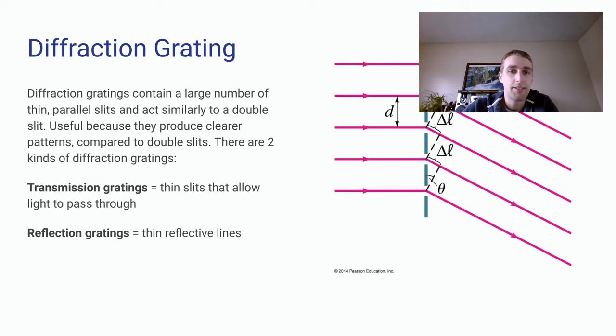So how do these things work? You basically have tons and tons of slits lined up next to each other. And there are a couple ways you can do that. The ones we saw were transmission gratings. So those were slits that blocked some of the light and let some of the light pass through. You can also have reflection gratings, which instead of a bunch of slits are kind of like a bunch of little mirrors lined up next to each other.